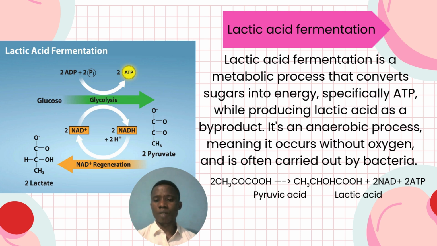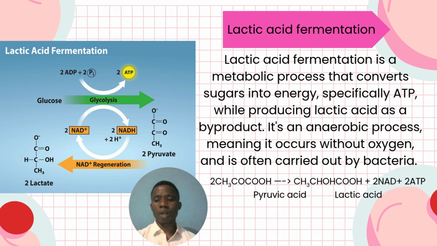Now, let's look at the first step, which is glycolysis. Don't forget that glycolysis is the starting step in lactic acid fermentation. The glucose, a 6-carbon sugar, is broken down into molecules of pyruvate, which are 3-carbon compounds.